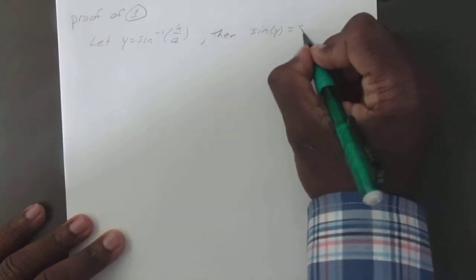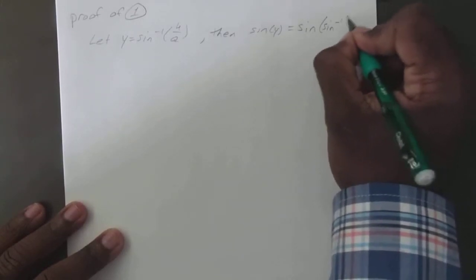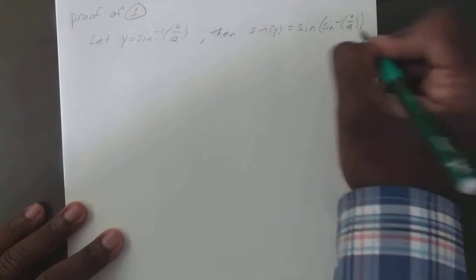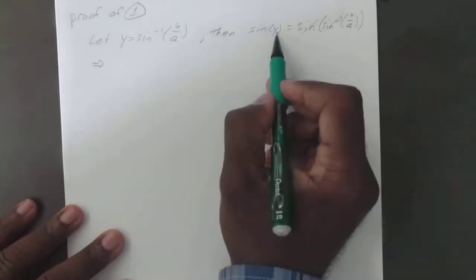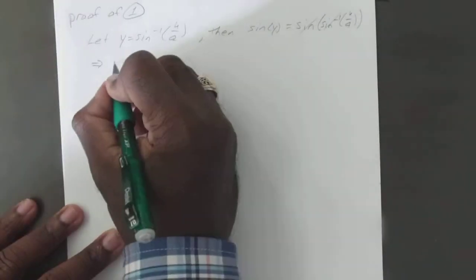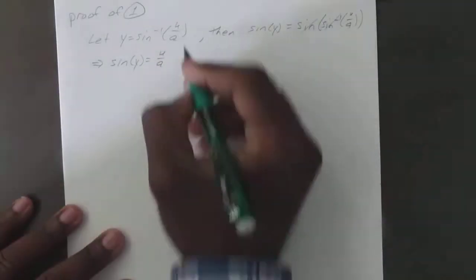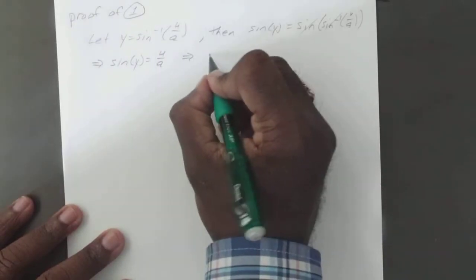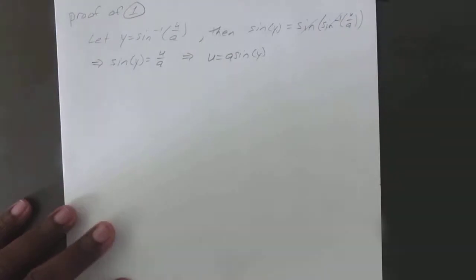So sine of y equals u over a. Multiply a on both sides, and you end up with u equals a sine of y.